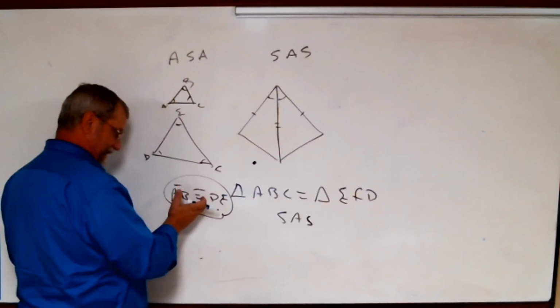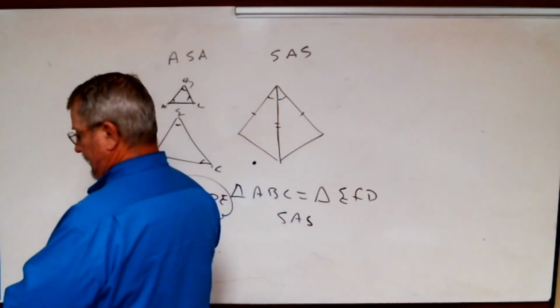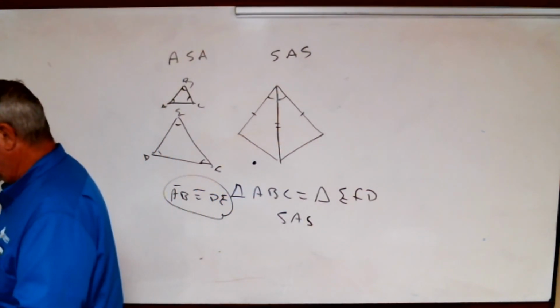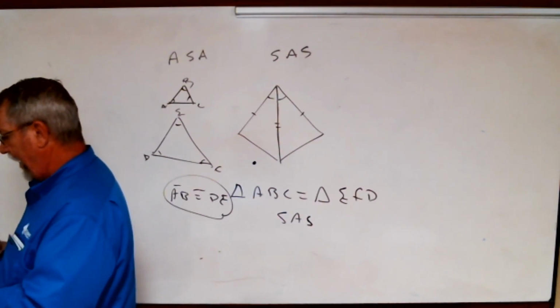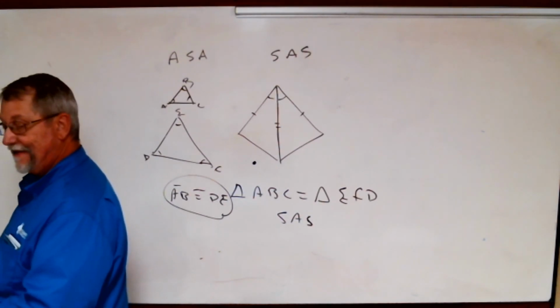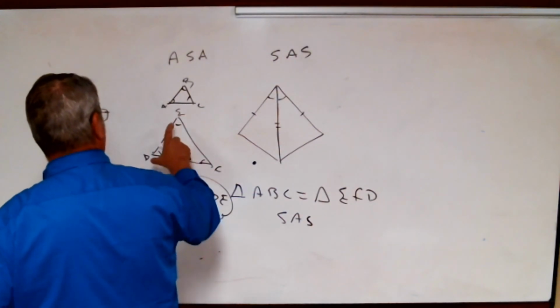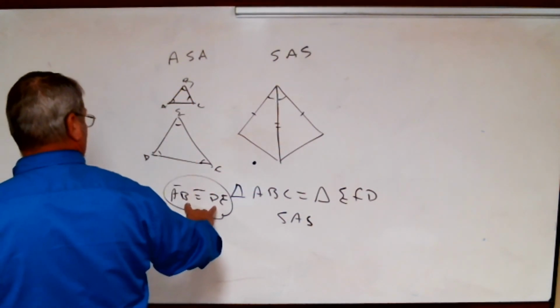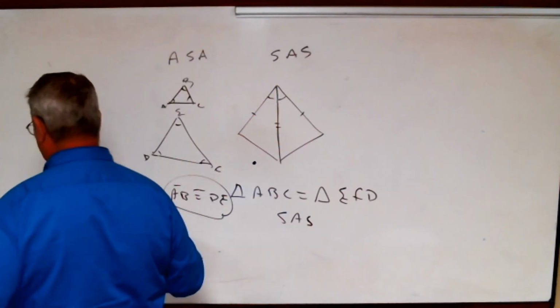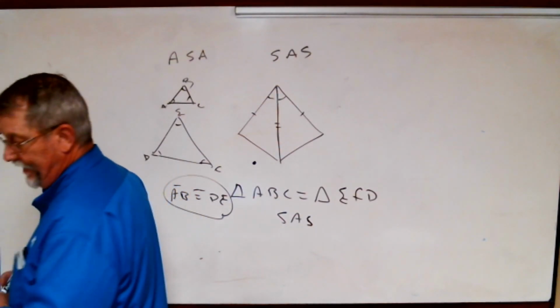If I knew this, but I don't. So on number 9, what do I have to know to show that it is triangle congruence? I'd have to set at least 2 sides equal to each other, and then I could have triangle congruence. That's how you do that. Okay?